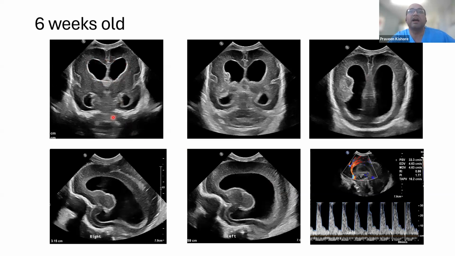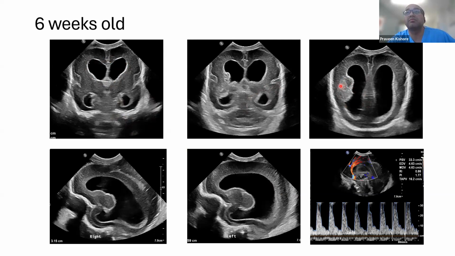These RIs are gestational age dependent, so as you go up, the RIs should also go up. These measurements were fine. They started showing a reduction, so they were between the 97th and the 97th plus 4 centile.